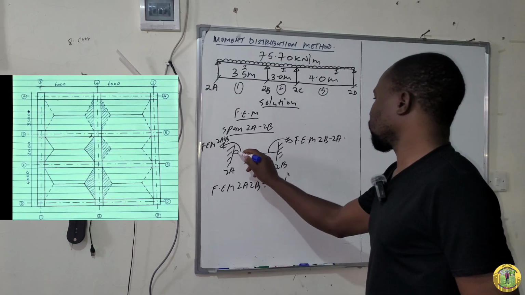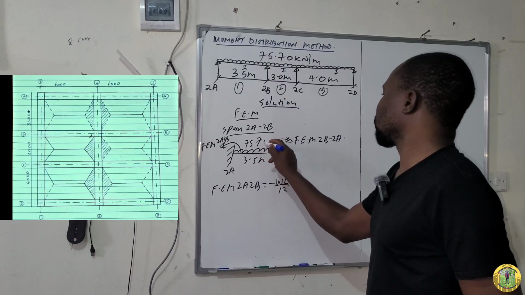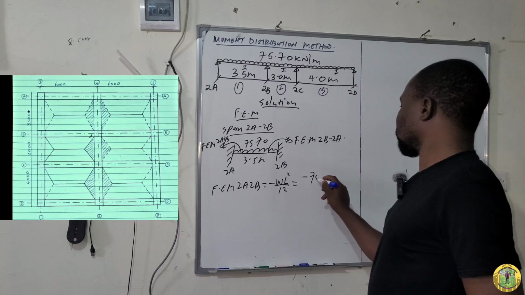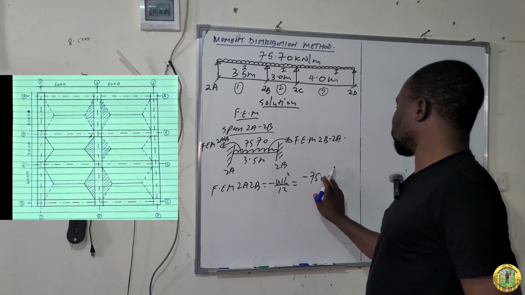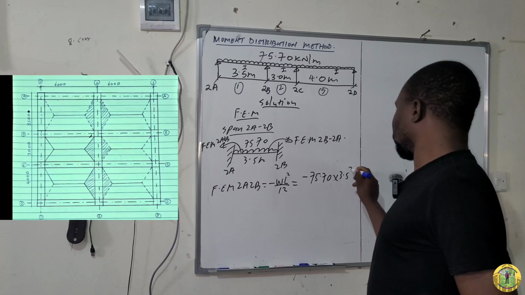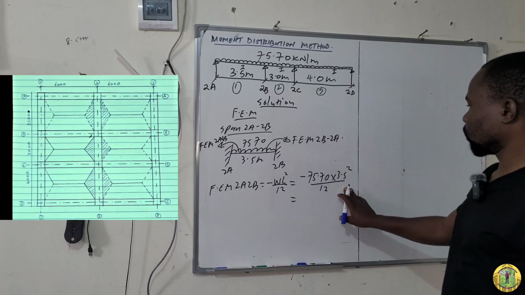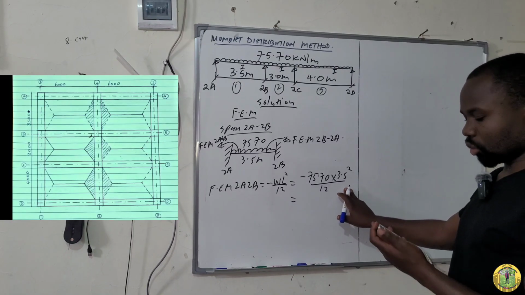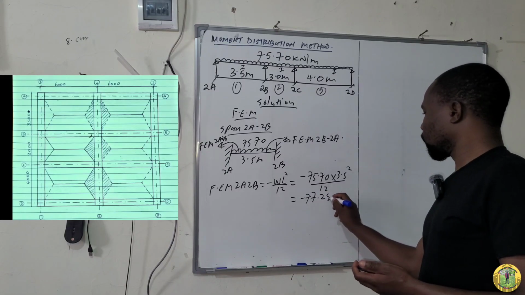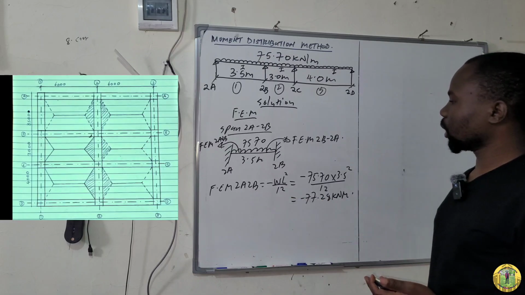So the W here is the loading on this beam, which is 75.70 kilonewton per meter. So this one is equal to minus 75.70 times 3.5 square over 12, which is equal to minus 77.28 kilonewton meter. So this is fixed end moment 2A to B.